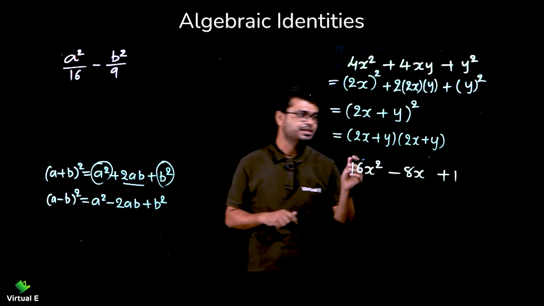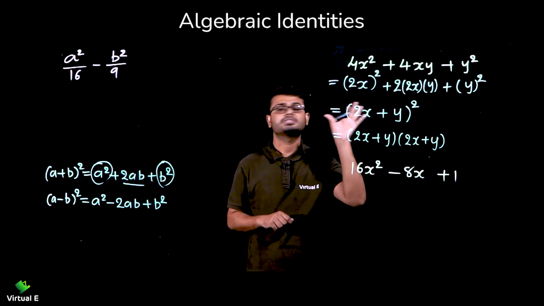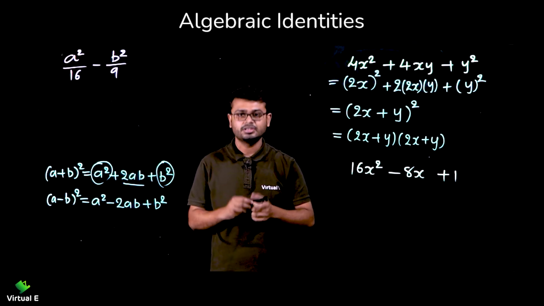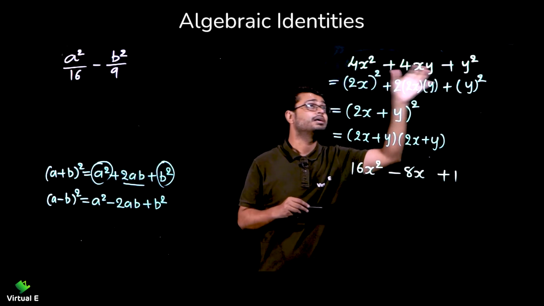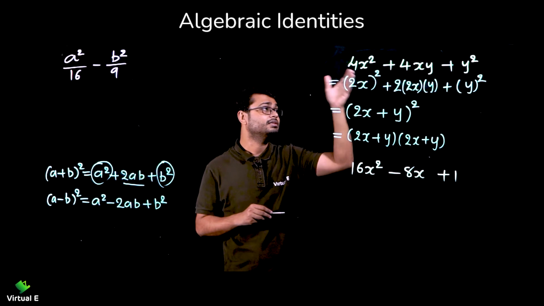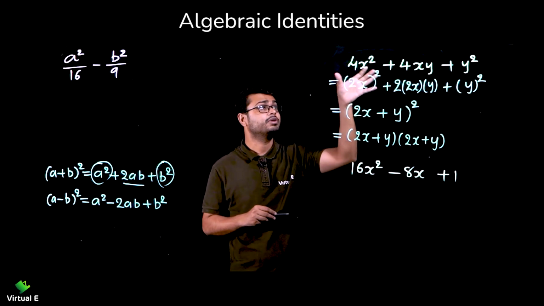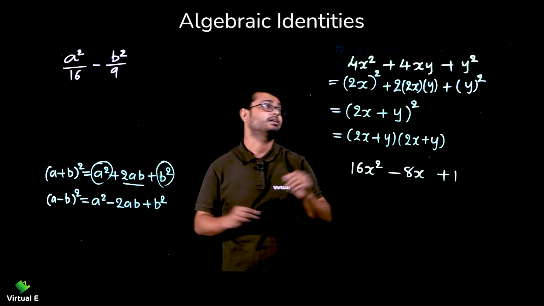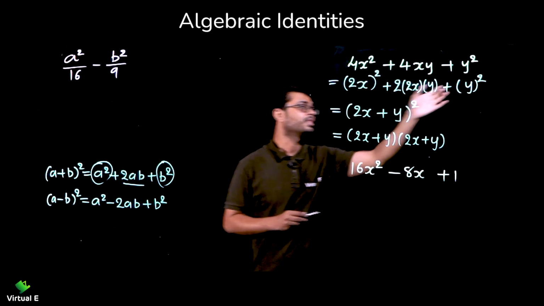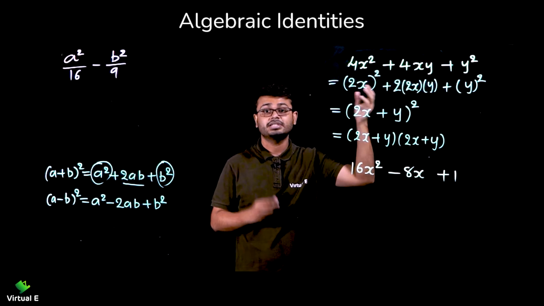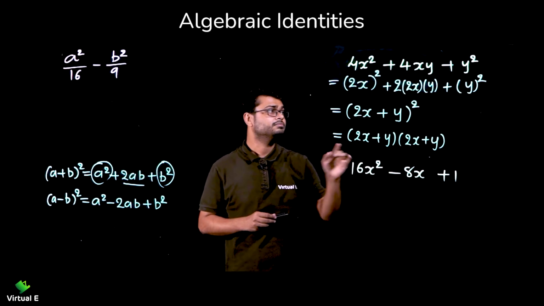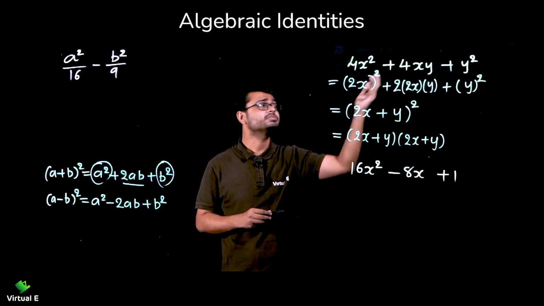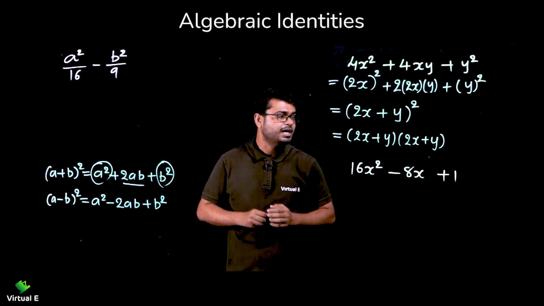So these are the two factors of this first question. Remember, the most important part is to have two perfect squares. This is the identification that tells you we can use this identity. Start with the first term, last term, 2 as it is, the middle term, then the multiplication of those terms. If the terms are matching, we can use this identity.